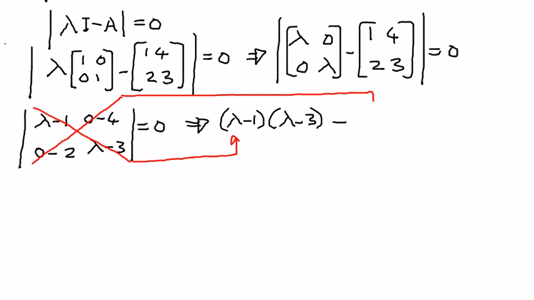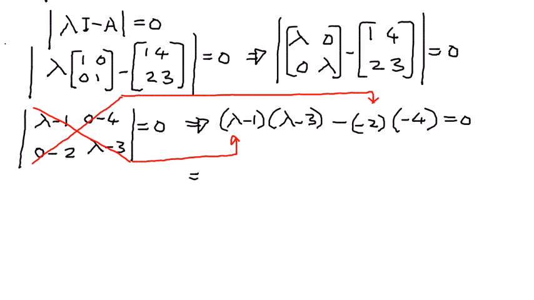The way to do that is as follows: this is going to be negative 2 times negative 4, and then we equate that to 0.